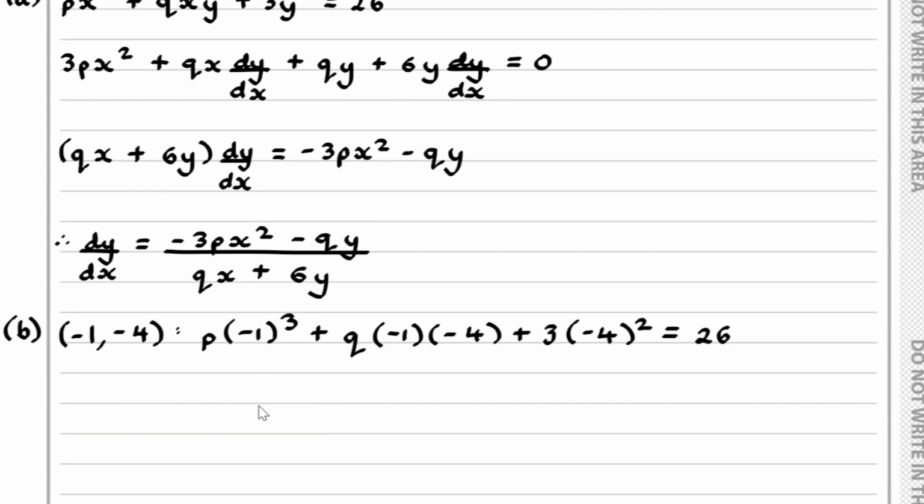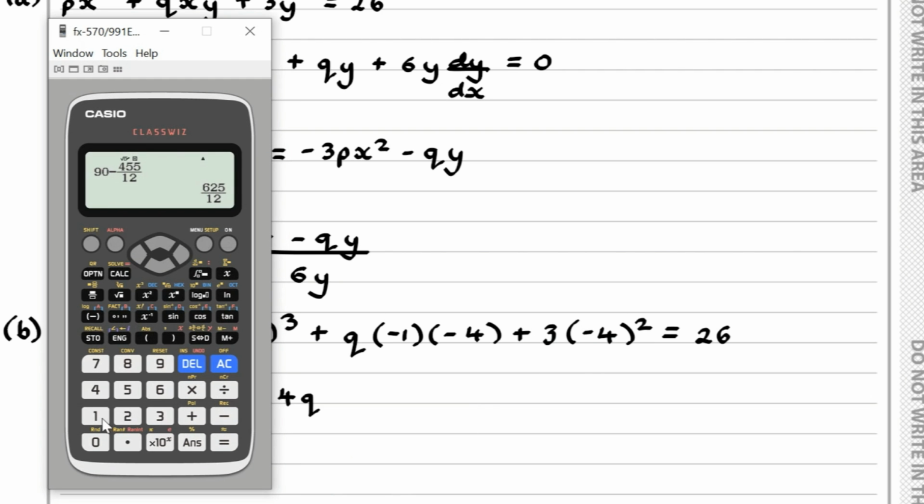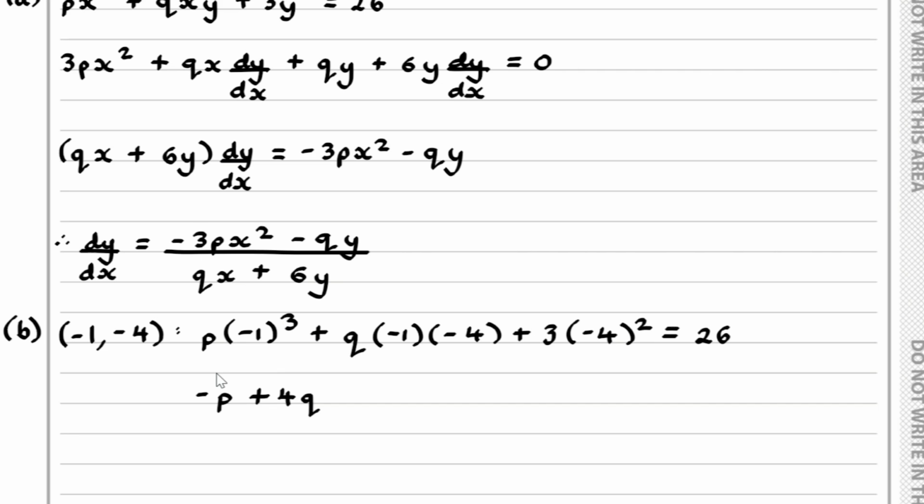Let's tidy this up. We've got minus P, and then here we've got plus 4Q. 16 times by 3. And if we do 26 minus this, what we end up with is minus P plus 4Q is equal to minus 22.